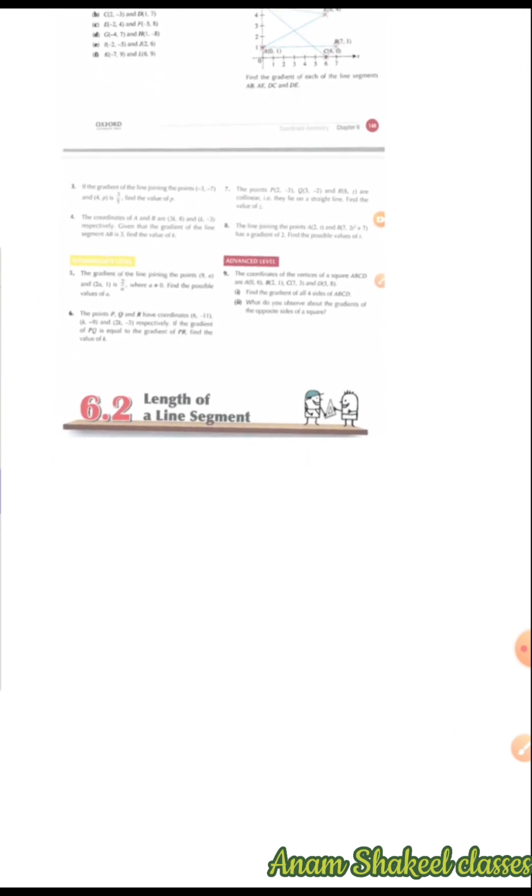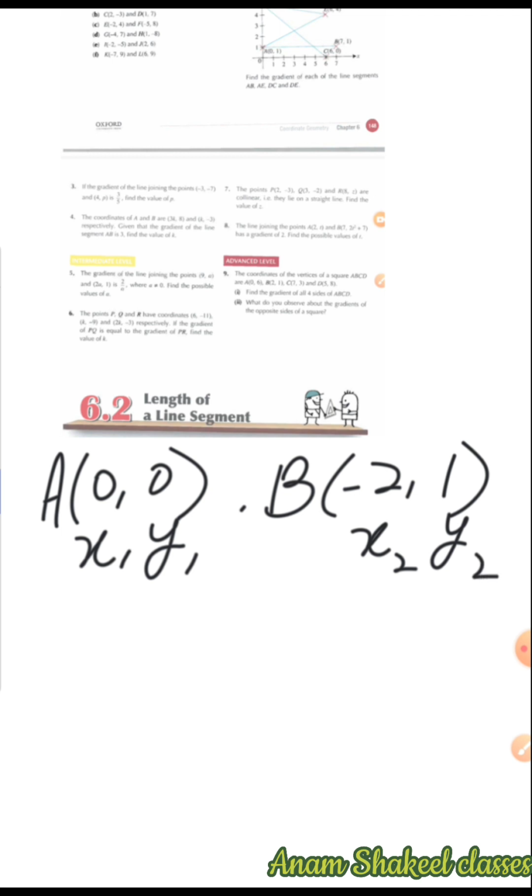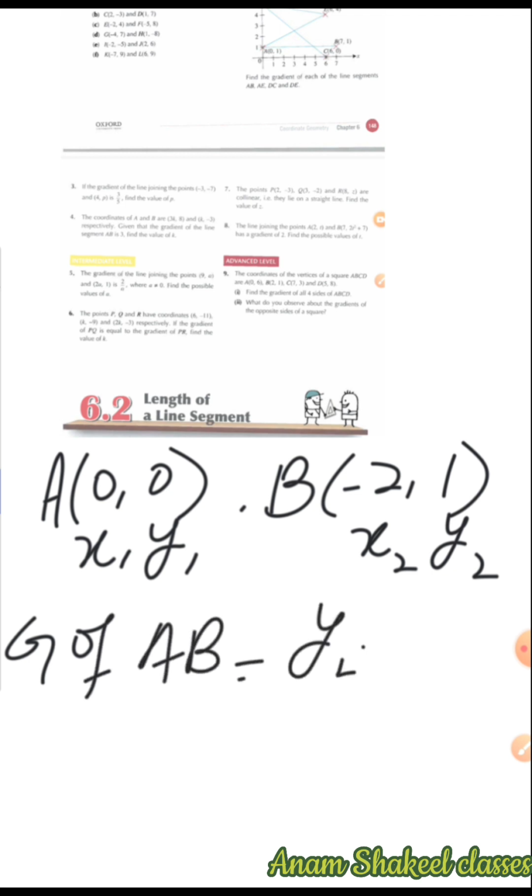Point A is (0, 0) and point B is (-2, 1). This is x1 and this is y1. This is x2 and this is y2. So just put the values. Gradient of AB is equal to y2 minus y1 over x2 minus x1.